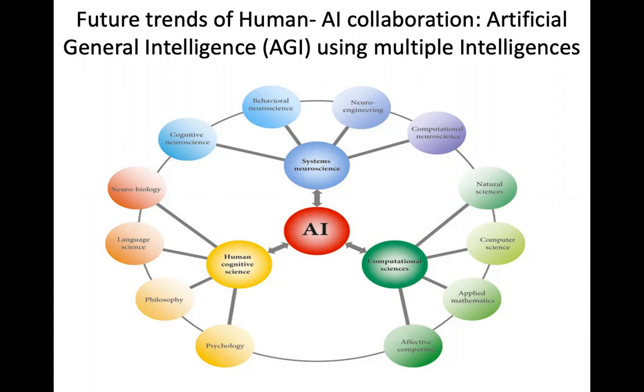Three components of artificial intelligence. Basic components: system neuroscience, computational science, and human cognitive science. Now we come to one. That means artificial intelligence is not only computational science, but it takes into account, do see the word system neuroscience.